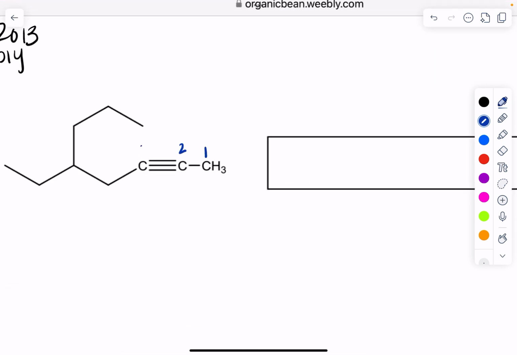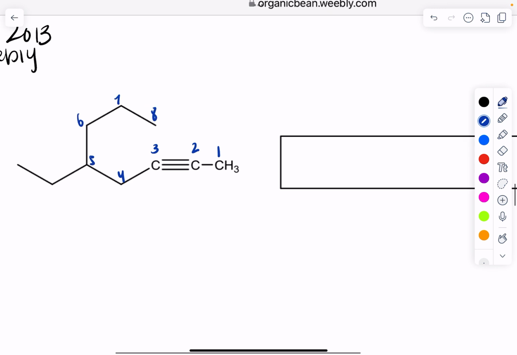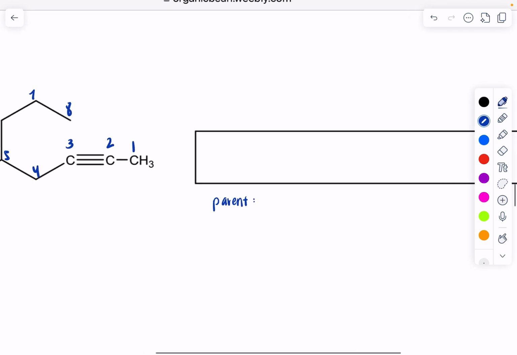So 1, 2, 3, 4, 5, 6, 7, 8. If you kept going to the left, you would hit 7 carbons instead of the longest, which can be 8. So our parent here would be oct-2-yne, or 2-octyne, however you want to say it.